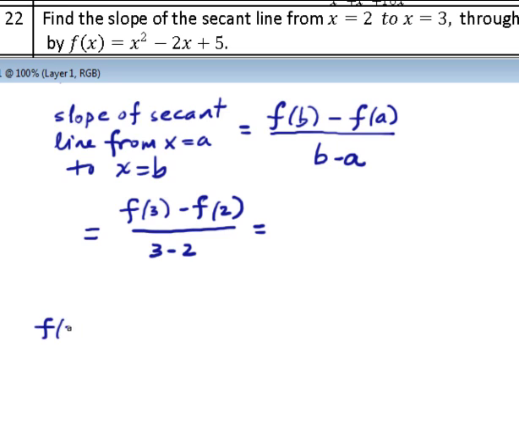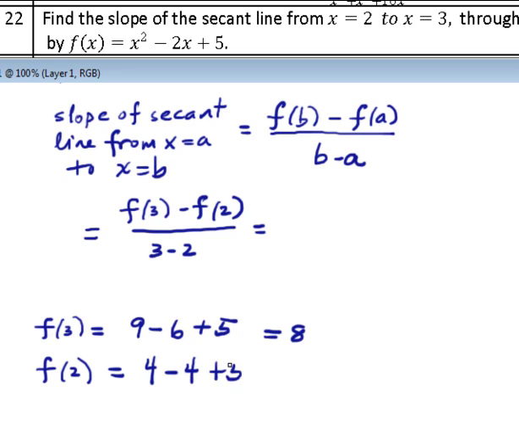Let's do f of 3. Okay, we're substituting into this function. 3 squared, that's 9. 2 times 3 is 6, plus 5. So we have 9 minus 6 is 3, plus 5 is 8. And now let's look at f of 2. That's 2 squared, that's 4. Minus 2 times 2, minus 4, plus 5, so that's 5.